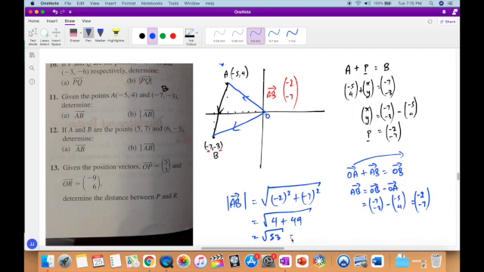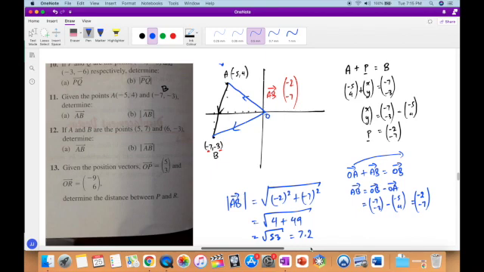What is the square root of 53? 7.2. Wait, let me just check that. 49 plus 4 is 53, yes. So the square root of 53 is 7.2, so that is 7.2 units long.